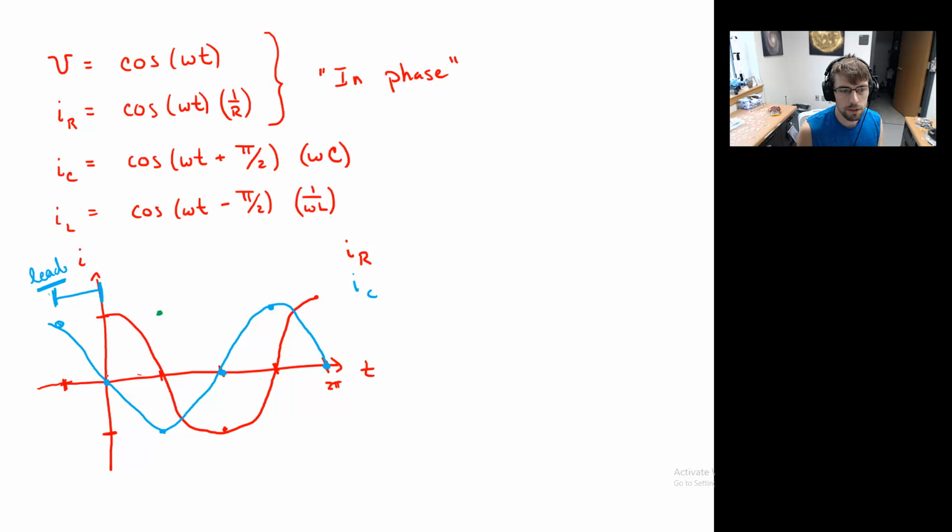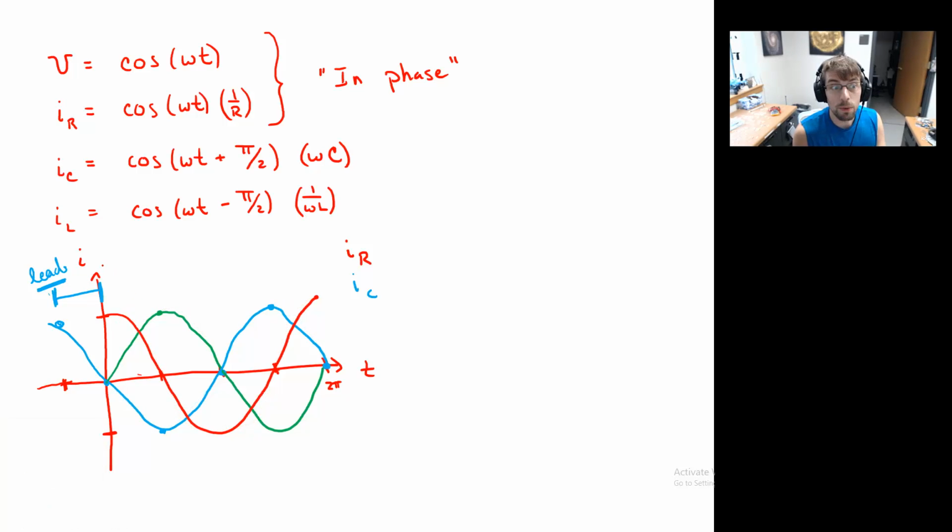So the inductor will look like this. We see that the inductor, with respect to the applied potential, peaks after the potential peaks. And so we say that the inductor lags the applied potential.